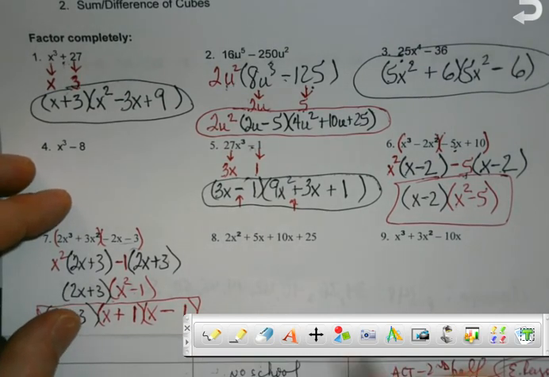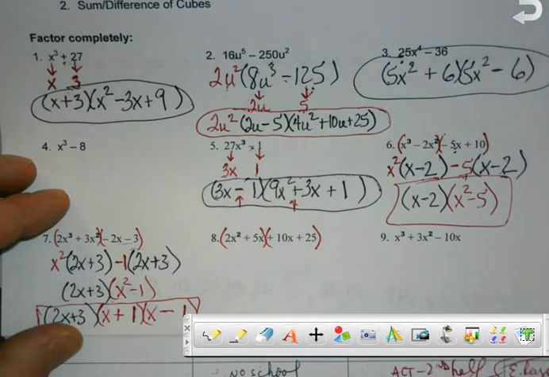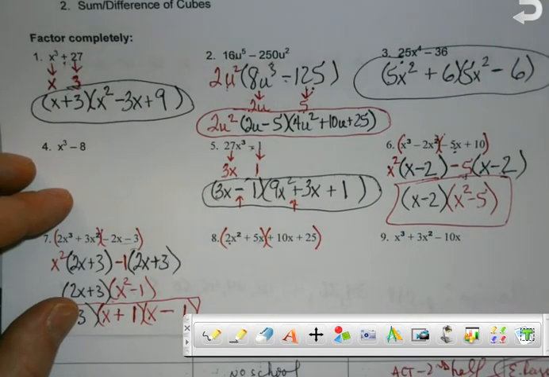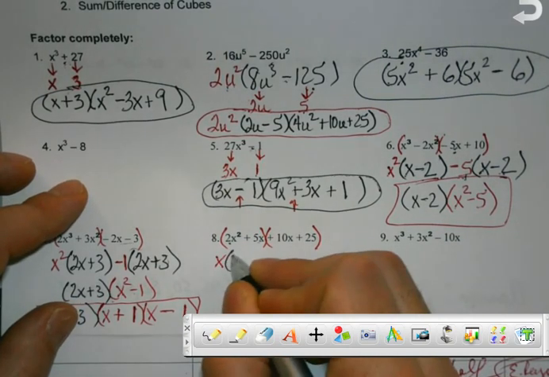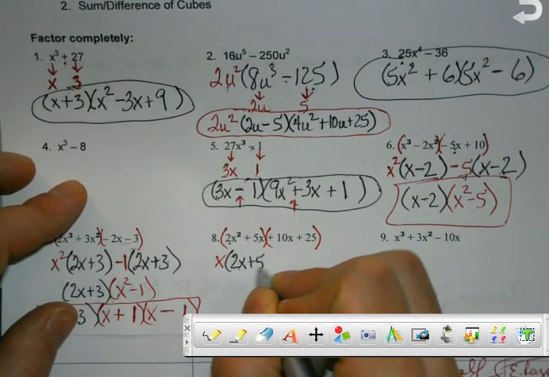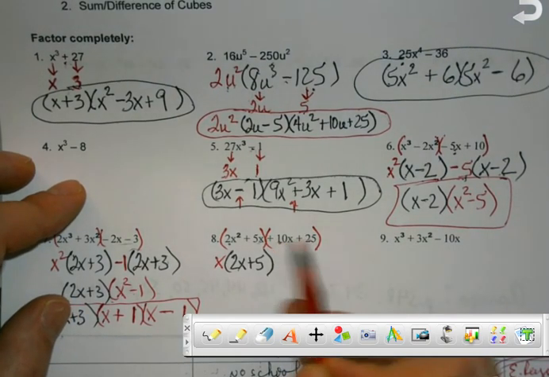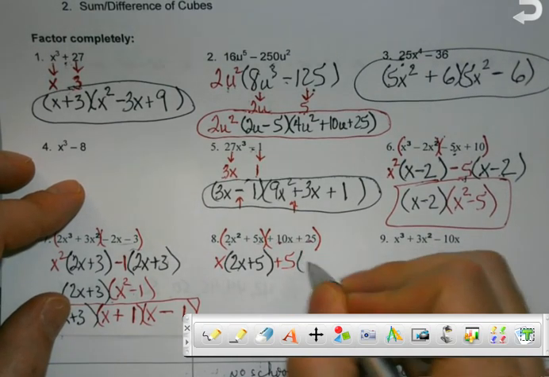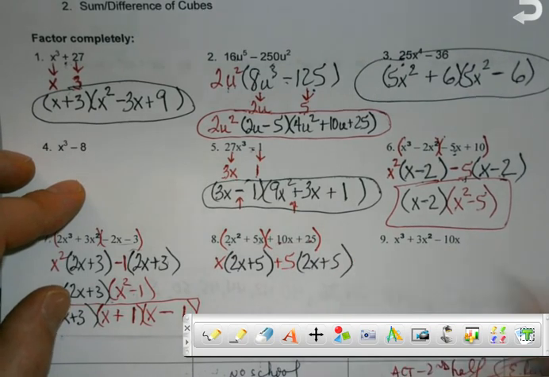They're like, hard, this isn't weird enough. No. Keep telling yourself when it's 4 terms, I'm just plucking out greatest common factors. What's my greatest common factor with my first 2 terms? Just an x. Sometimes it's something little. 2x plus 5. What about our second pair? 5, I'm with you. 5 times 2 gets me to 10. 5 times 5 gets me to 25.